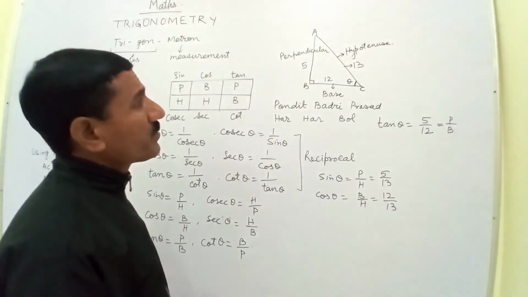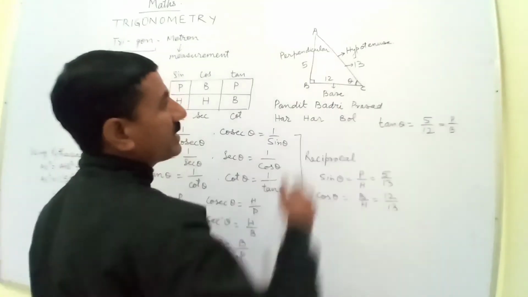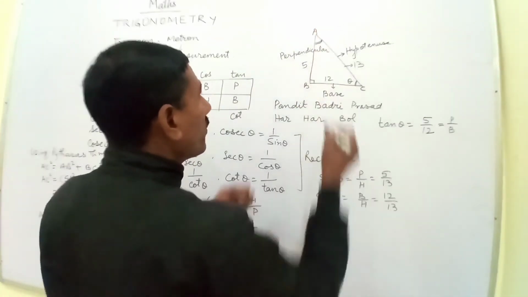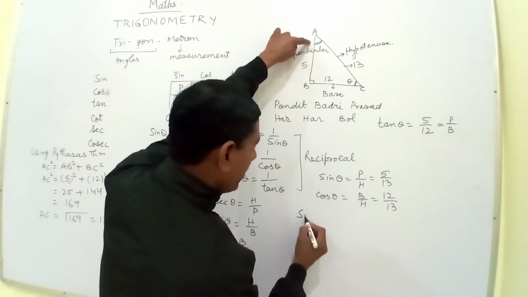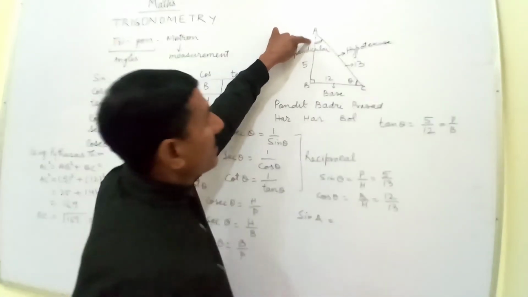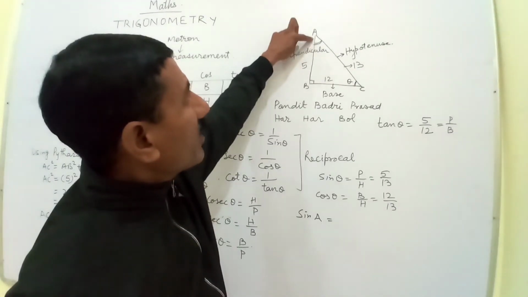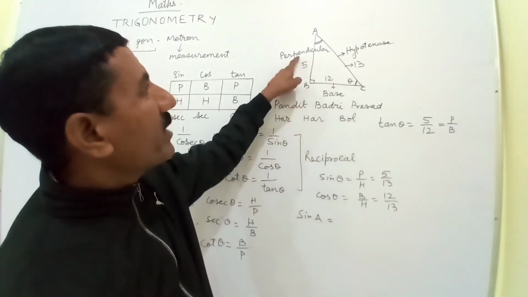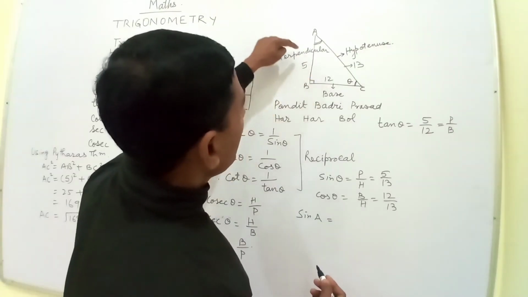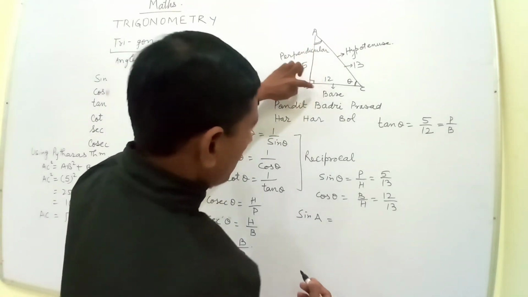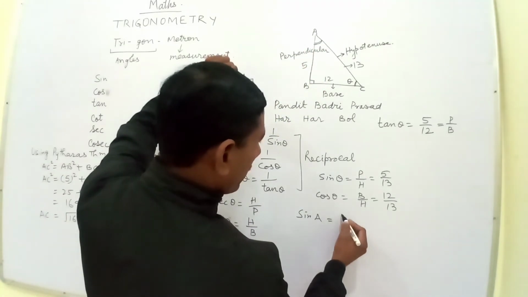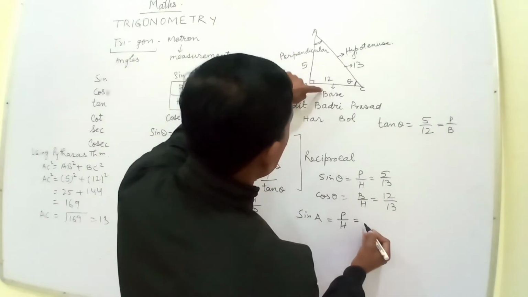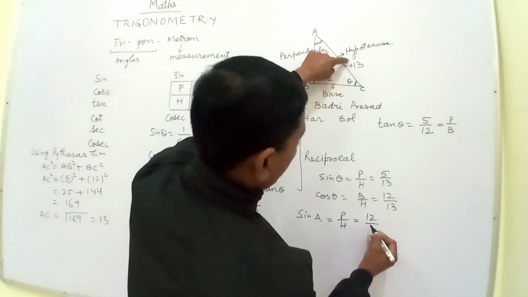The question is, if theta is not at that place and we have to find angle A, then it will change. The side opposite the angle will be perpendicular, so base will become perpendicular and perpendicular will become base, and hypotenuse will be the same. Now sin A will be perpendicular upon hypotenuse, perpendicular here is 12 and hypotenuse is 13.